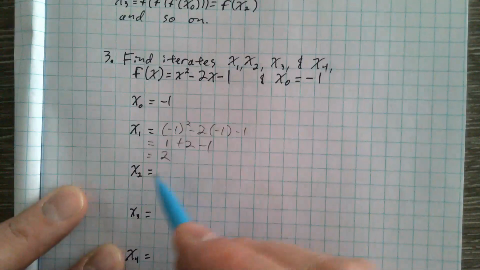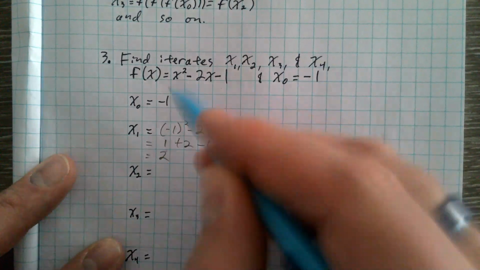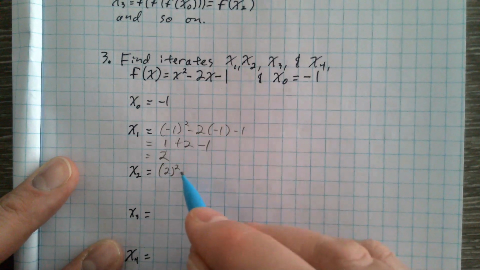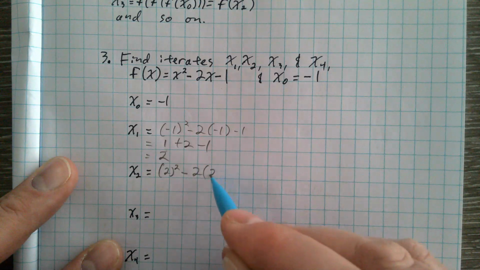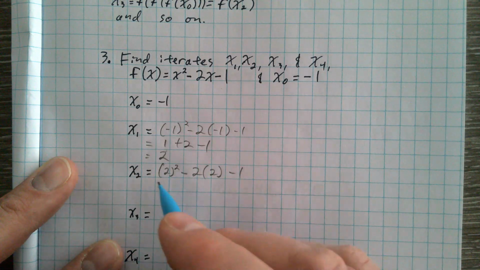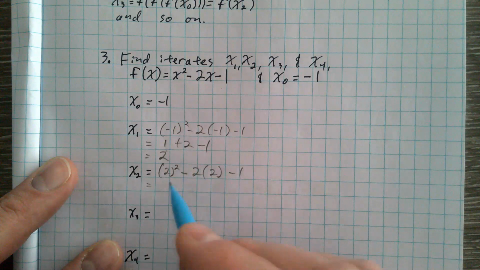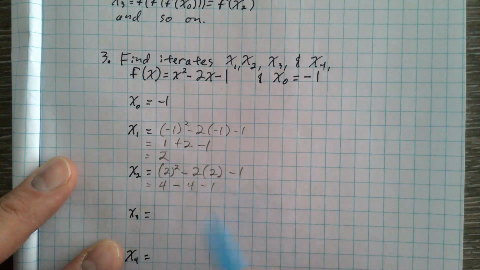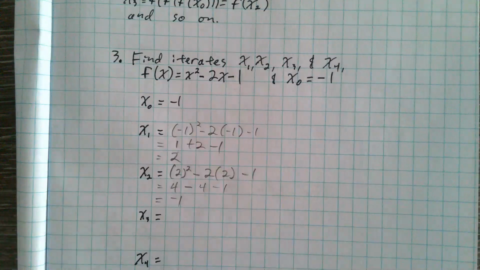For x2, we take this value and plug it back into our original function. 2 squared minus 2 times 2 minus 1. 2 squared is 4, minus 4, minus 1. So this equals negative 1.